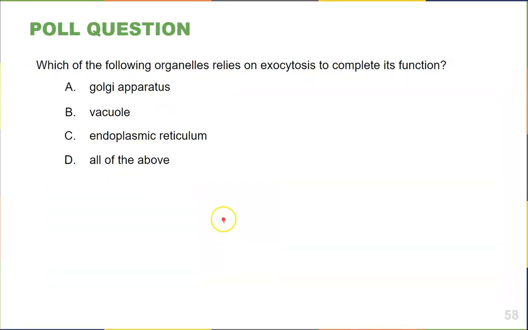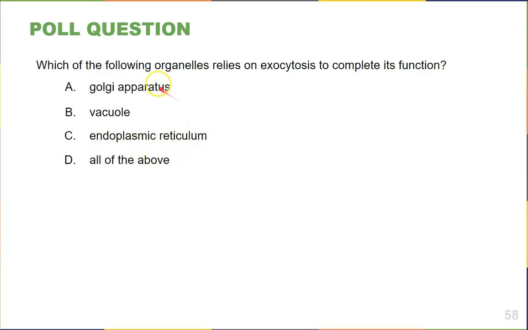Okay, poll question: which of the following organelles relies on exocytosis to complete its function? It's really D, right? So all of the above. So exocytosis needs to occur from the ER. So even though it's not the cell membrane, it still has a membrane. So exocytosis will occur from the endoplasmic reticulum.